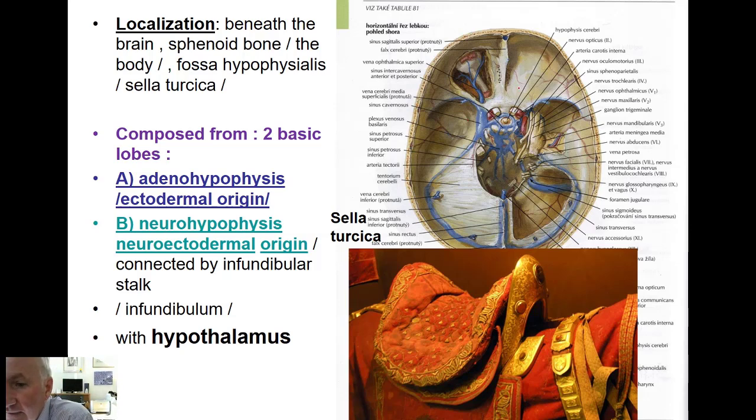Here in this region is a small hole on the upper surface, which is called fossa hypophysialis, and in this small hole sits the hypophysis. So this is the place to find it. In some books, you can even find the name of this place, Sella Turcica, because to someone it reminds a Turkish saddle, and I think you feel this hole, something like the fossa hypophysialis here.